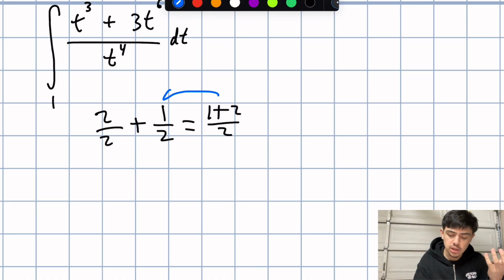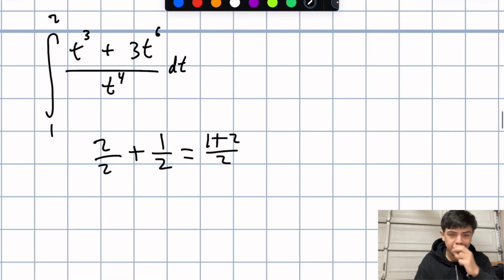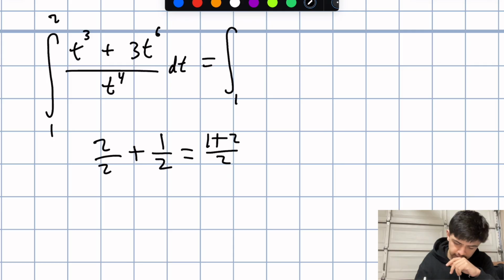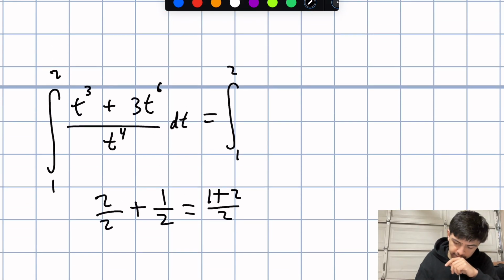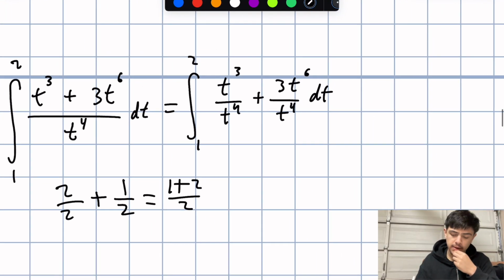So with this logic, why don't we go ahead and split this integral into two separate fractions as such? So we have the t cubed over t to the 4th plus 3t to the 6th over t to the 4th dt, right?